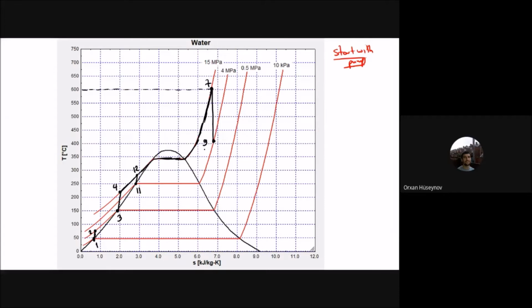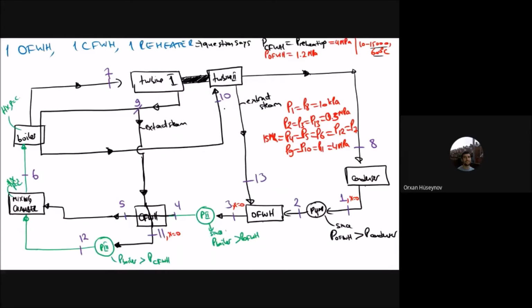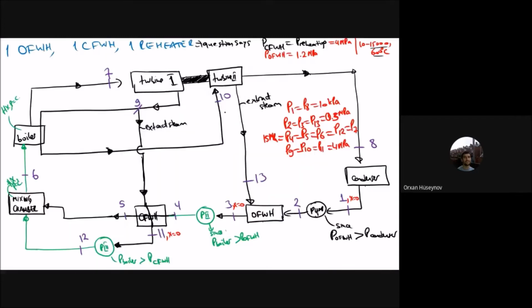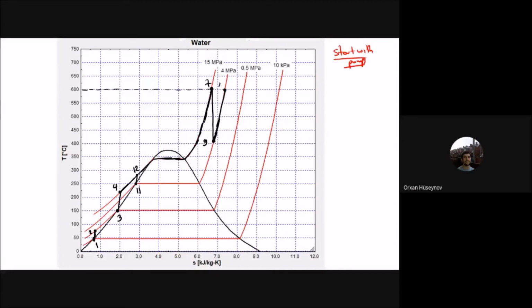And then from 9 to 10, you have the reheating process. The temperature is increased back to the same value here. You have this reheating process here. Reheating happens at the constant pressure. So you've got back to the state 10 here.